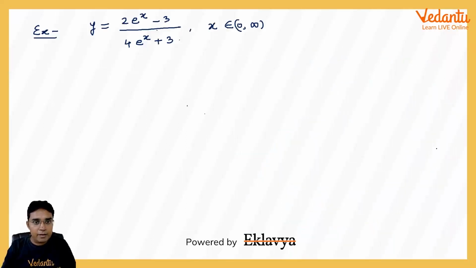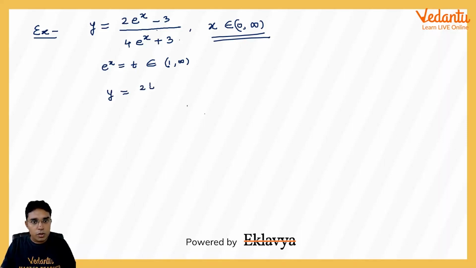Okay, I'll take one more example. Suppose you are given y is equal to 2 into e power x minus 3 upon 4 into e power x plus 3, where x is from 0 to infinity. Now if I put e^x is equal to t, then t will belong to 1 comma infinity, and then this graph will be y is equal to 2t minus 3 upon 4t plus 3.